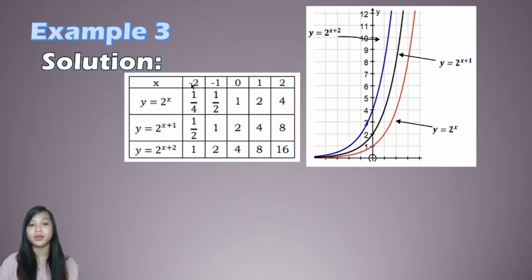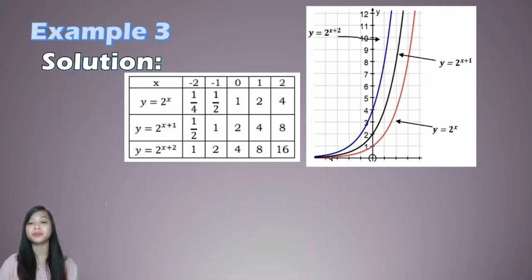When we plot negative 2, positive 1/2, we have this point. When we plot negative 1 for x and positive 1 for y, we have this point. And for 0, we have 2, then for 1, we have 4, and for 2, we have positive 8 for y. And last, for our third function, we have this blue curve.